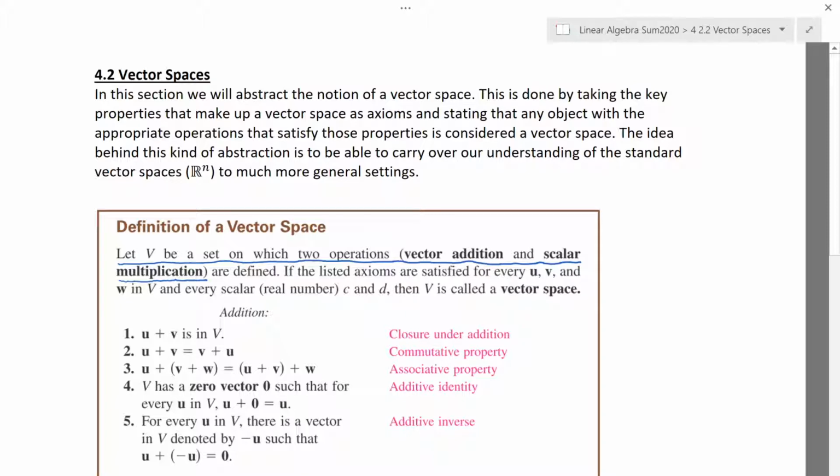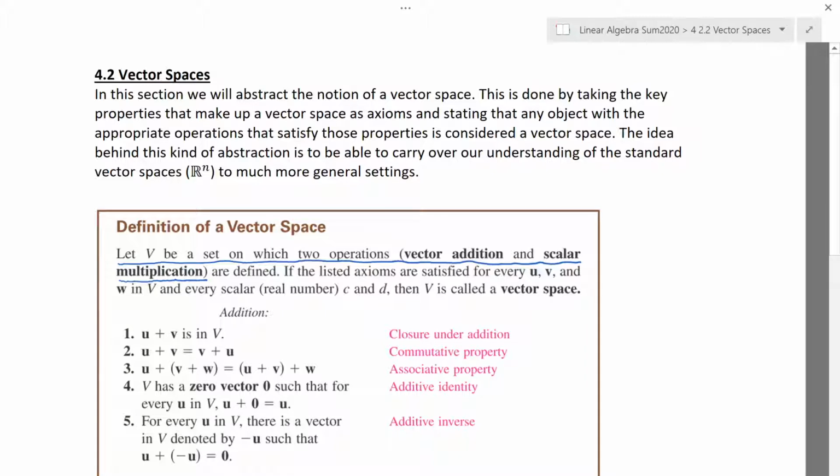So basically, you want to think about how vectors in Rn behave with respect to vector addition and scalar multiplication, and try to transfer those ideas over to other types of objects so that we can carry over our understanding of the standard vector spaces, Rn, to much more general settings.